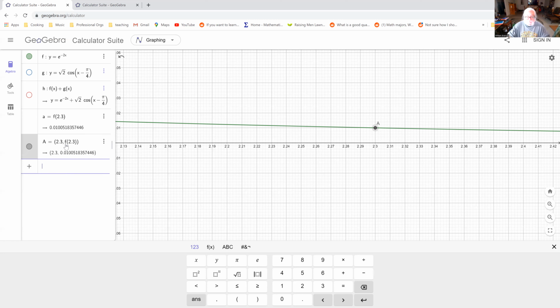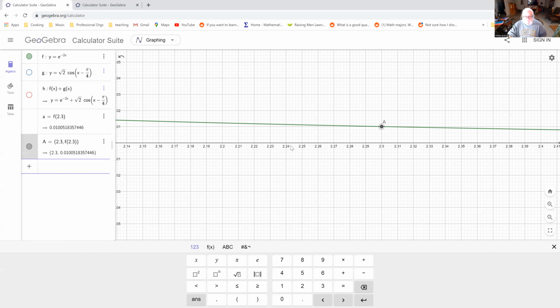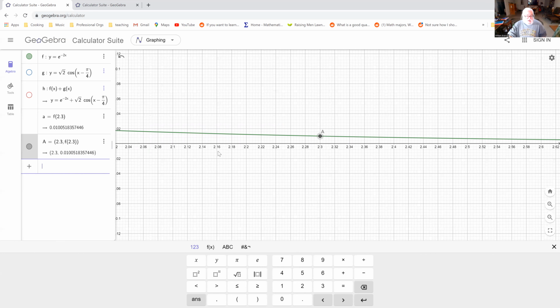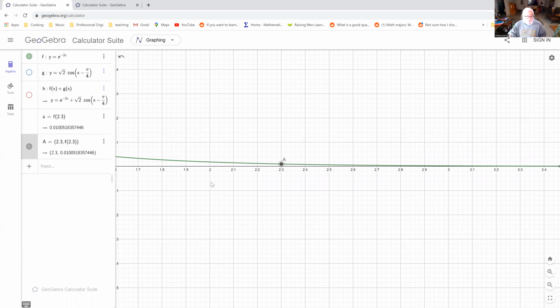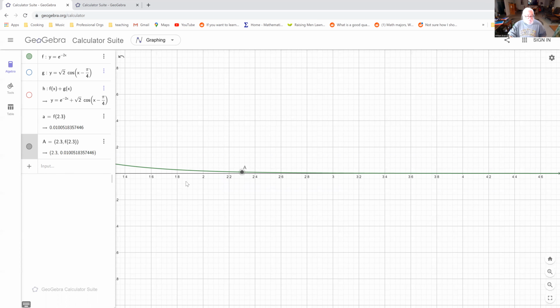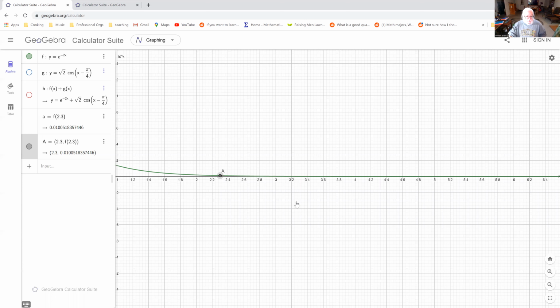So at that point, the homogeneous equation is so small that we can essentially ignore it, right? And so if we come back out to reasonable y values, there we go.